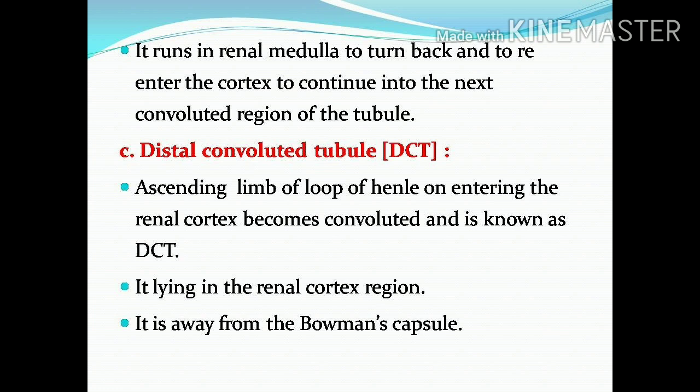That part is called the distal convoluted tubule. As the name suggests, it lies away from the Bowman's capsule. Later, this distal convoluted tubule opens into the collecting duct.